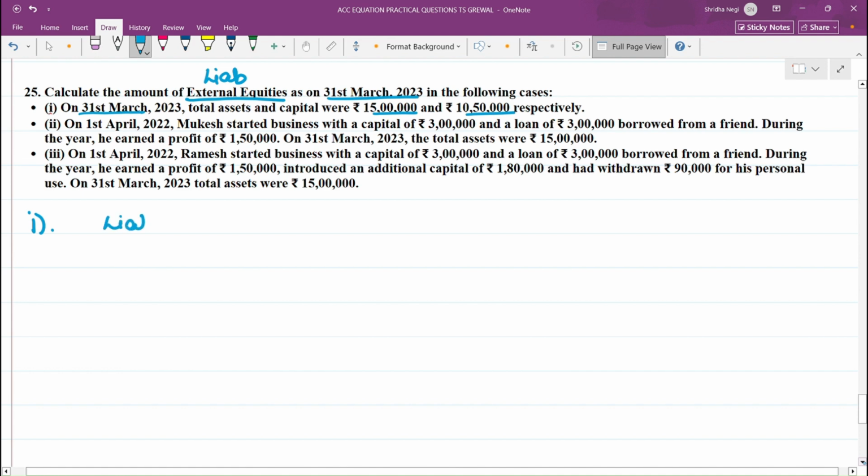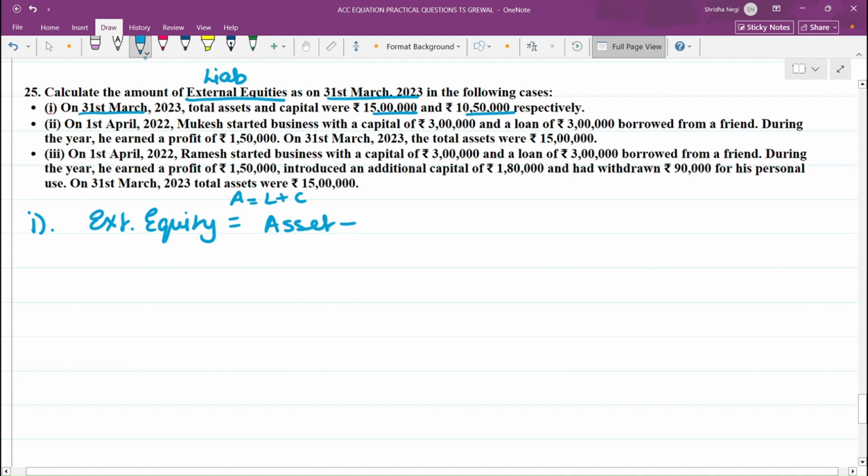What will be the external equity or the liability? I'll write external equity only because it's written in the question. External equity will be equal to, हमारा equation क्या होता है हमेशा? Asset is equal to liability plus capital. Now here liability you have to find out. So it is asset minus capital. So how much is asset?